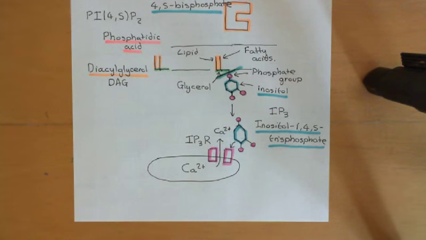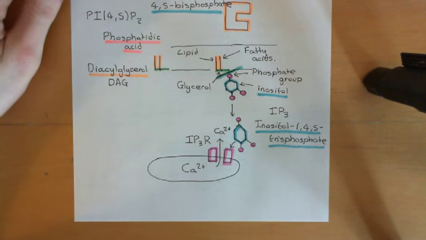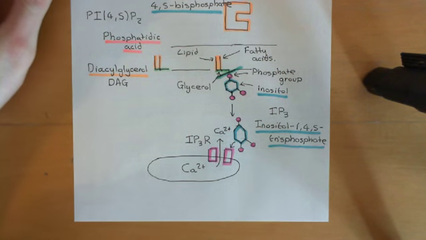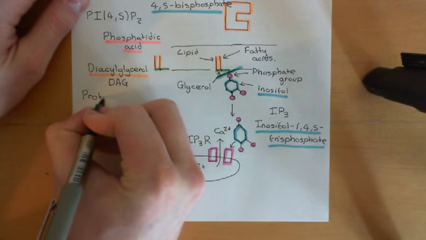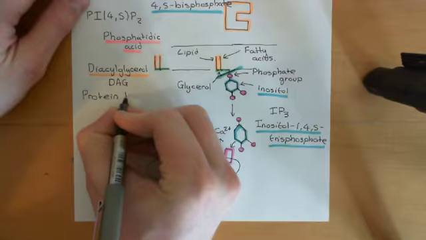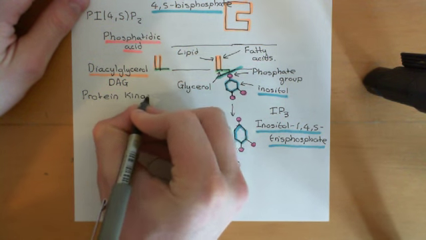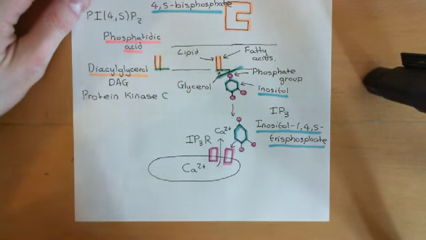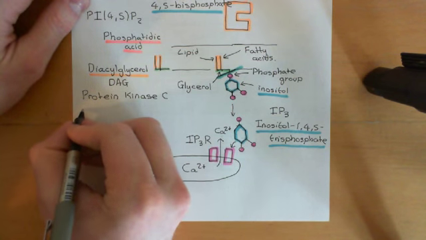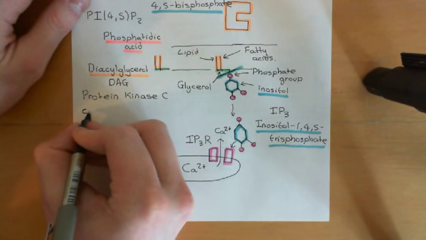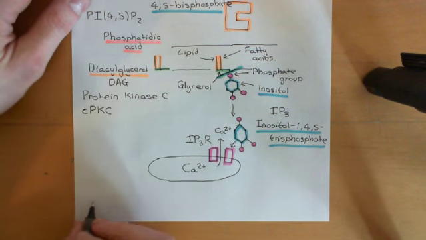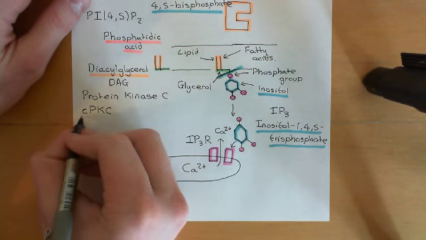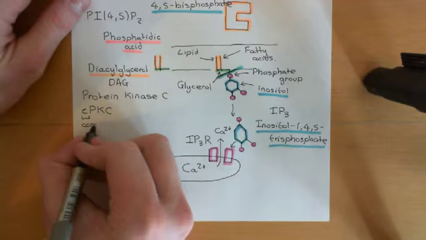Okay, so let's have a little bit of a discussion of the protein kinase C enzymes then. So, protein kinase C enzymes. There are three major families of protein kinase C enzymes. There is what's known as the conventional protein kinase C enzymes, which are abbreviated as the cPKCs, and this stands for conventional here.